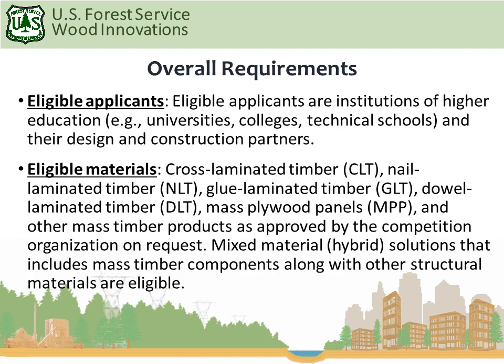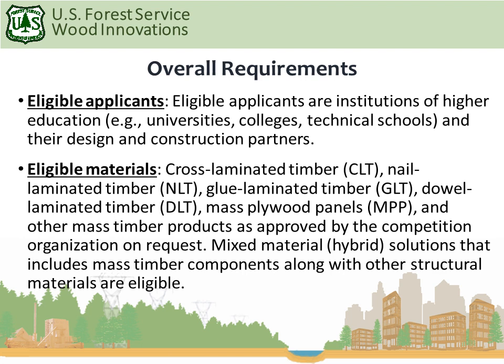Eligible applicants are institutions of higher education and their design and construction partners. So the person that submits the application doesn't necessarily have to be that institution. It could be the design partner, the architect or engineer, or their construction partners.